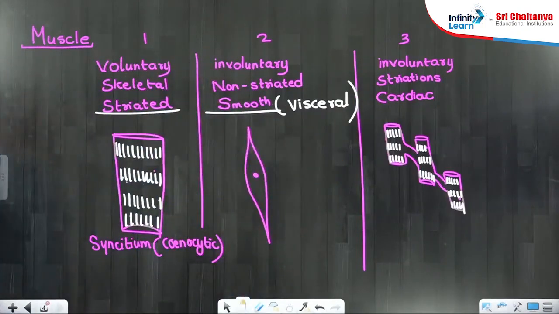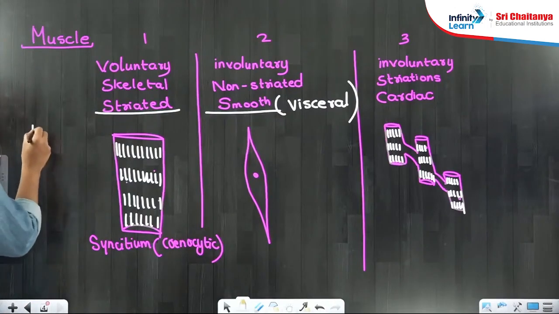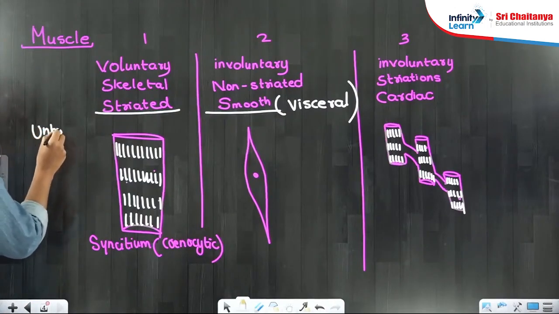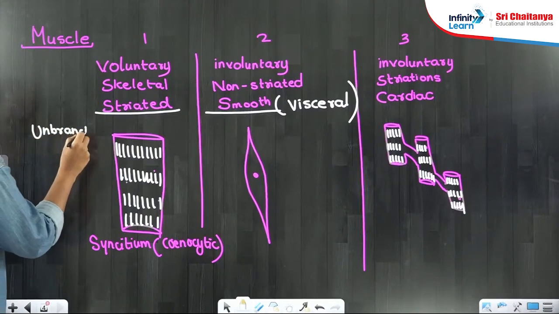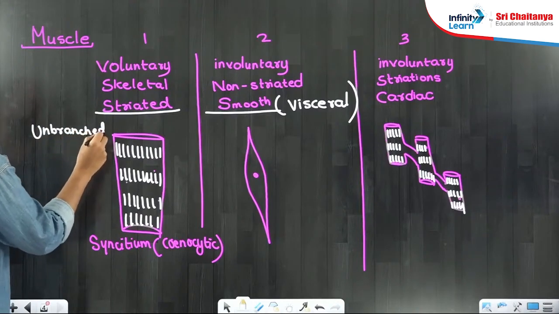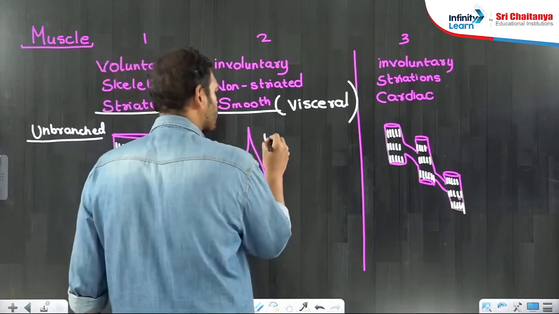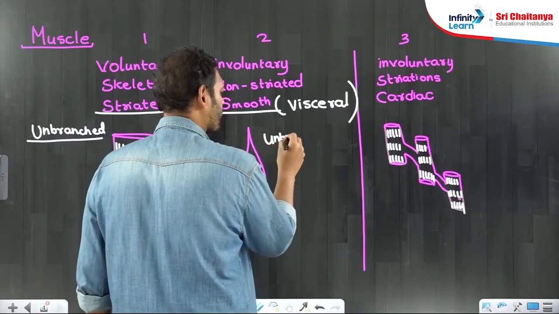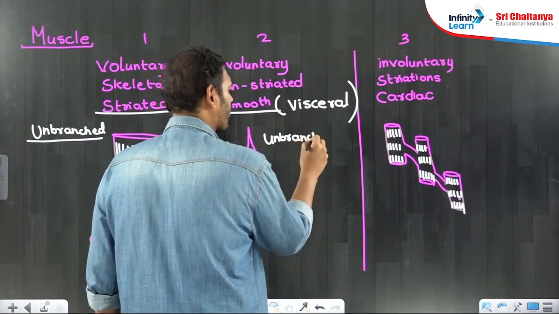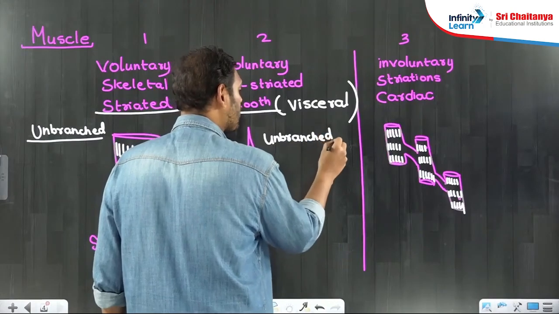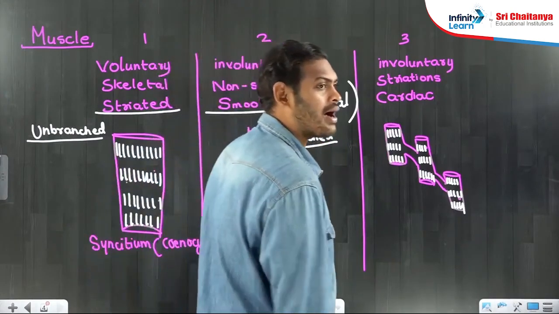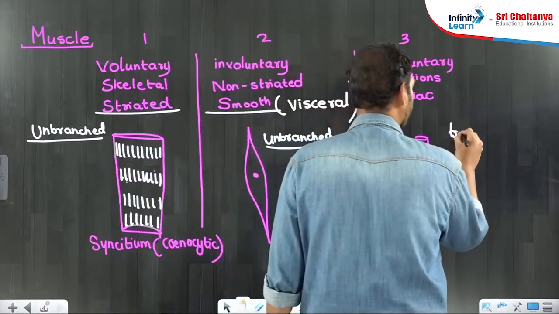Done. So voluntary striated: unbranched, no branches. Smooth muscle: no branches, unbranched. Whereas the only muscle to have branching was cardiac, it was branched.